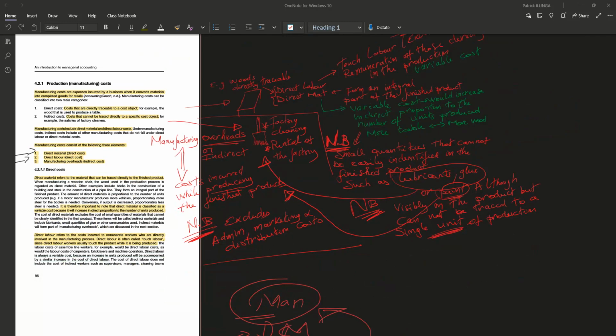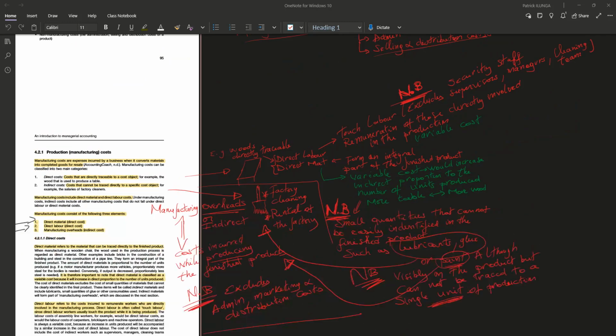This is not the same as other workers. So it would exclude your supervisors, your managers, your cleaning team, your security staff. They are not directly touching the product. So I trust this is very clear.